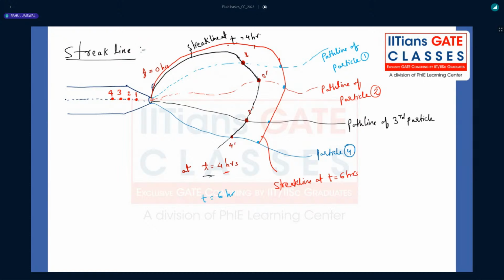That is, in very simple terms, streamline, path line, and streak line. For a steady flow, when the flow field is not changing with respect to time, the streamline, streak line, and path line will all be the same. But for unsteady flow, these will all be different, right? So make a note of it.